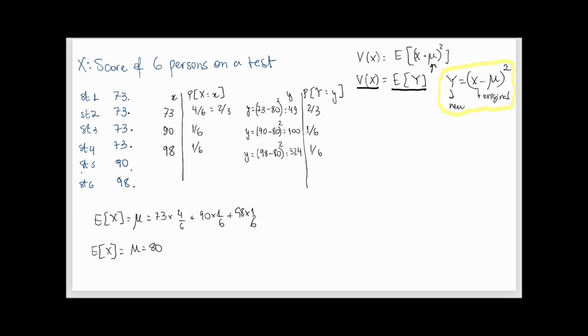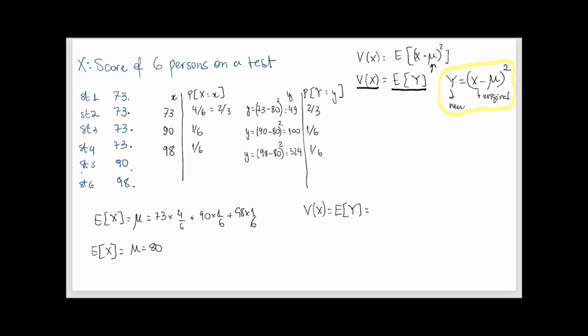Well, if I have my PDF of y, now I can actually find the E of y, the expected value of y, which in this case is equal to my variance. The variance of x is the expected value of a new created variable. That's what I'm talking about.